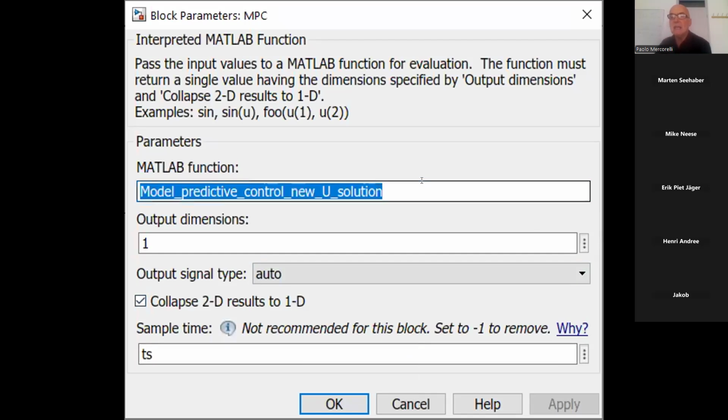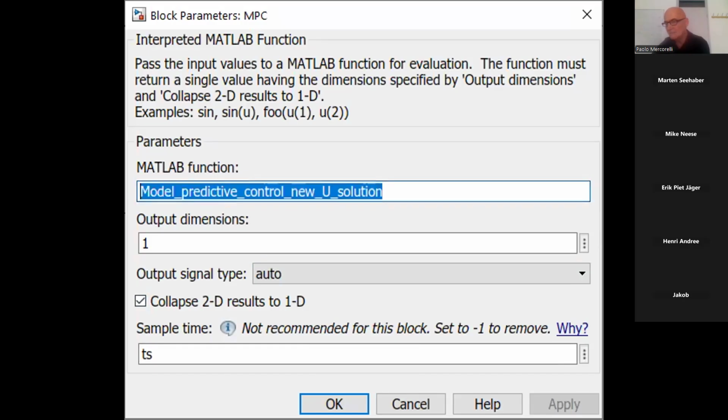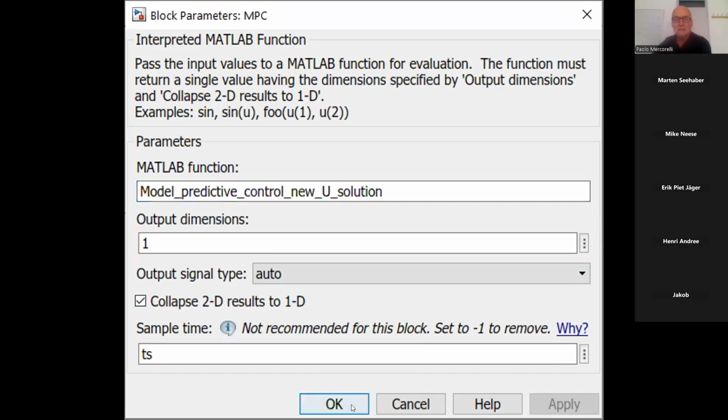I am using this interpreted function because it is easier to use than the embedded function in MATLAB, but I didn't have the possibility to convert it, since this is an old lecture and an old example. This is the file. Let me open it, so we can show how easy the solution is.